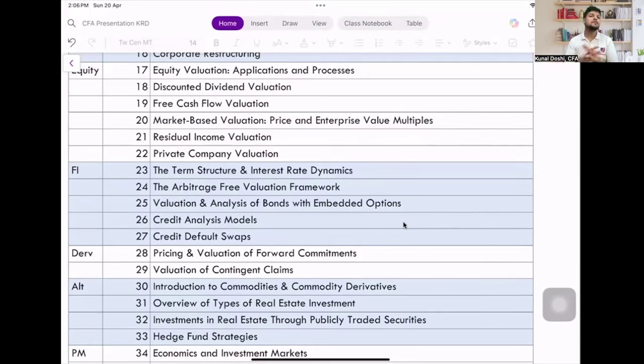So majority of the concentration from your revision point of view should be on the first three readings, where if there are three case studies or vignettes expected, I expect out of those three, the first two to come from the first three readings, right? Very high possibility of the vignette asking you the backward induction.